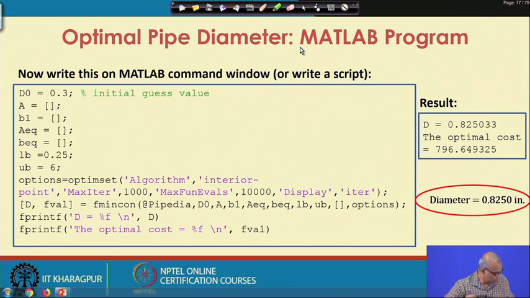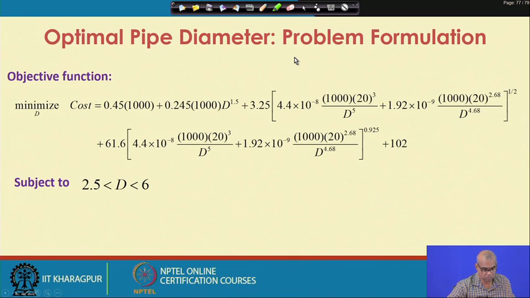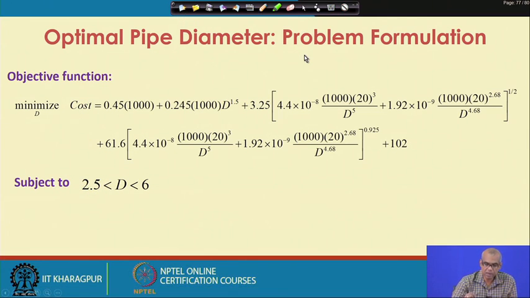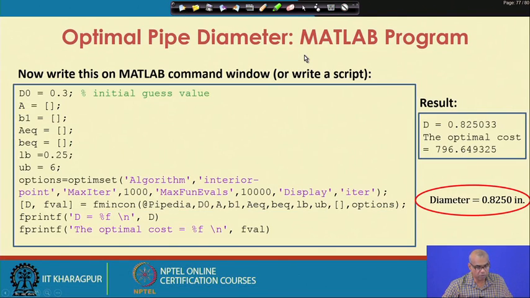So, this is 0.25 then. The idea is that there is an upper bound and lower bound on the decision variable.